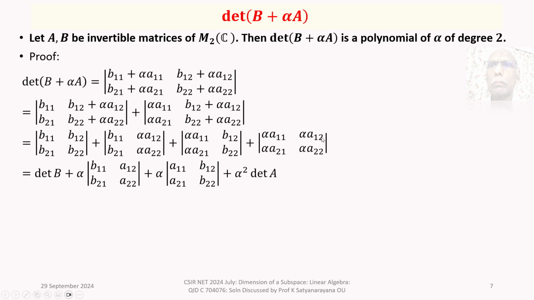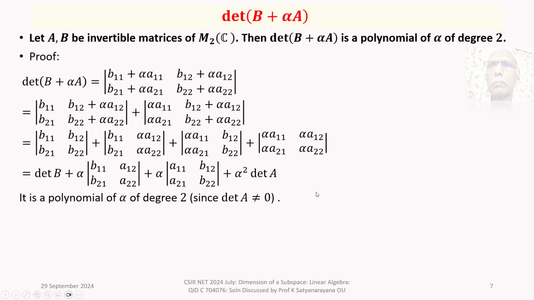So A11, A12, A21, A22 determinant is determinant of A. So what is this? This is a polynomial in alpha of degree 2. Why? Determinant of A not equal to 0. And that is why it is a polynomial of alpha of degree 2, since determinant of A is not equal to 0.